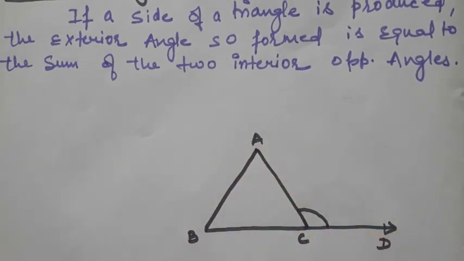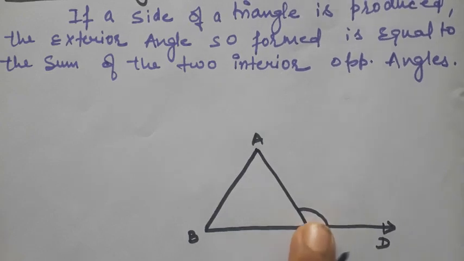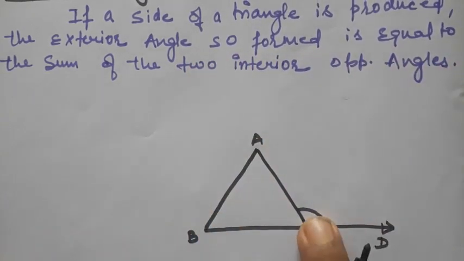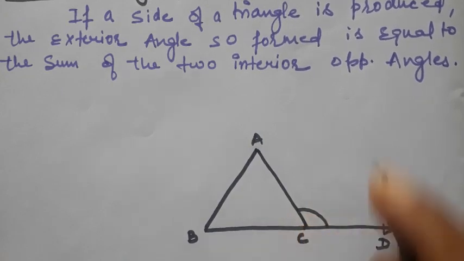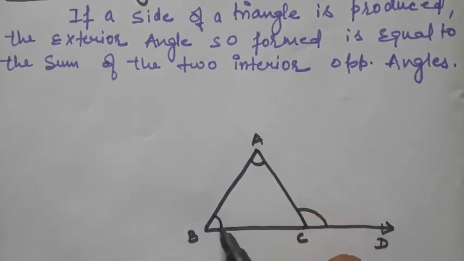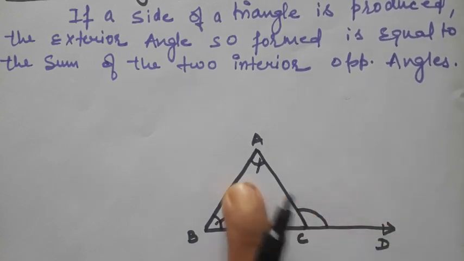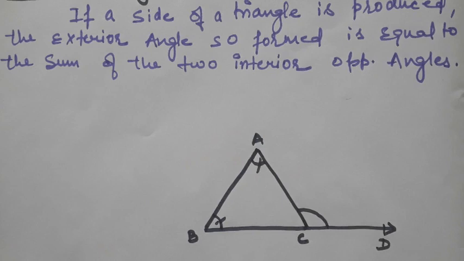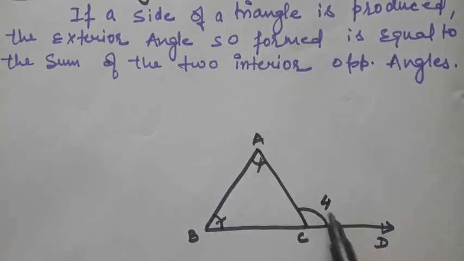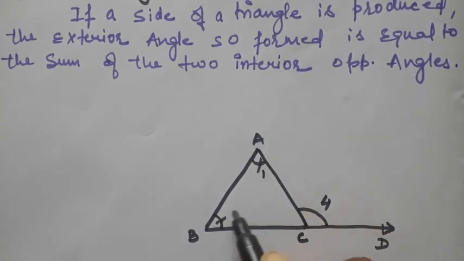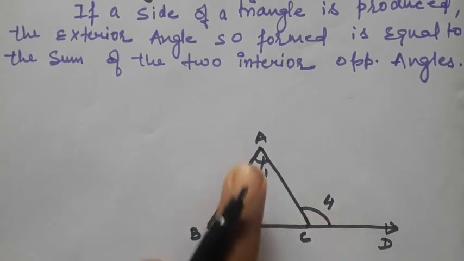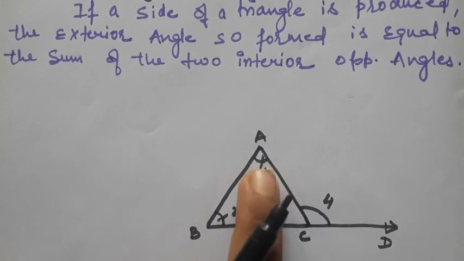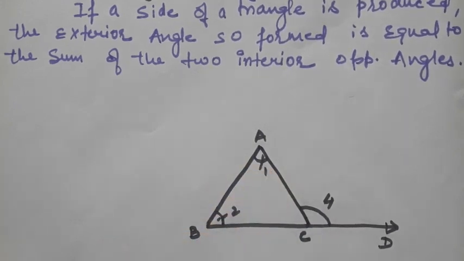Then that exterior angle will be equal to the sum of the two interior opposite angles, which are opposite to this exterior angle. If I say this is 4 and these are angles 1 and 2, then if BC is produced to point D, angle 4 will be equal to angle 1 plus angle 2.